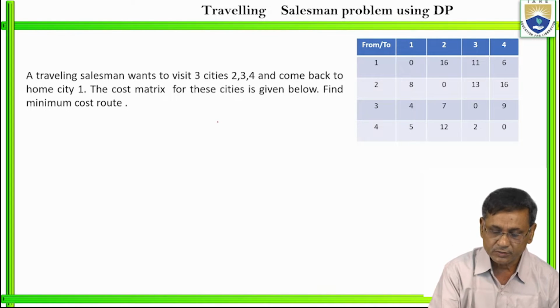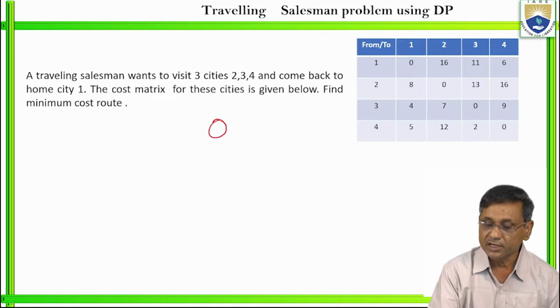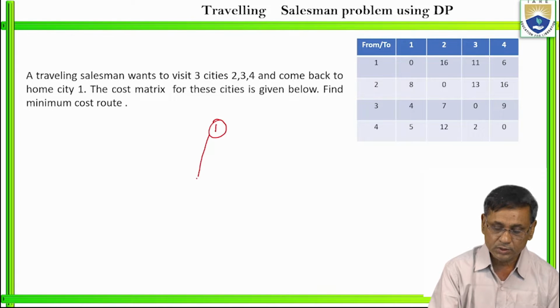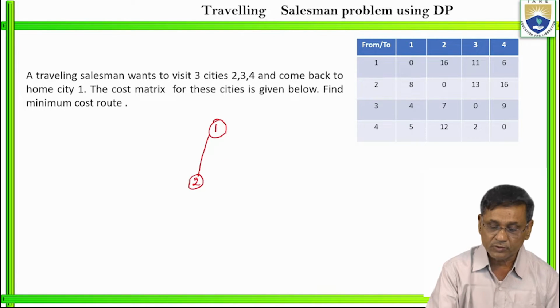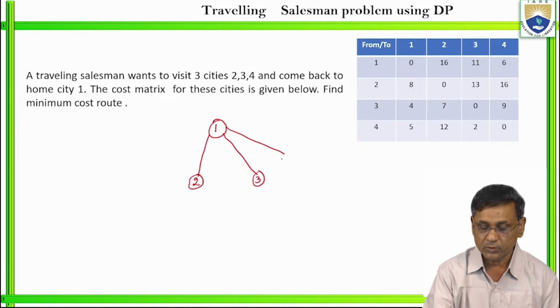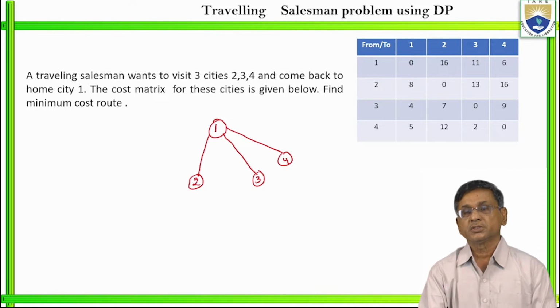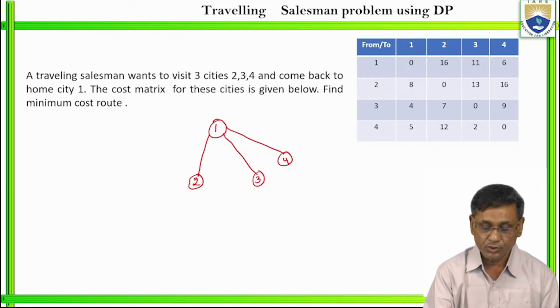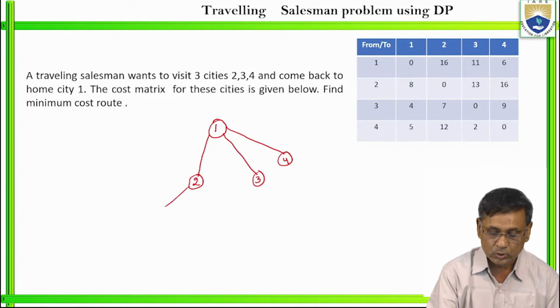First, we consider 1 as the starting city, and then from city 1 the salesman can go from 1 to 2, 1 to 3, or 1 to 4. So, this is the starting city, and then he can go from 1 to 2. From 2, he can go to 3 or 4.